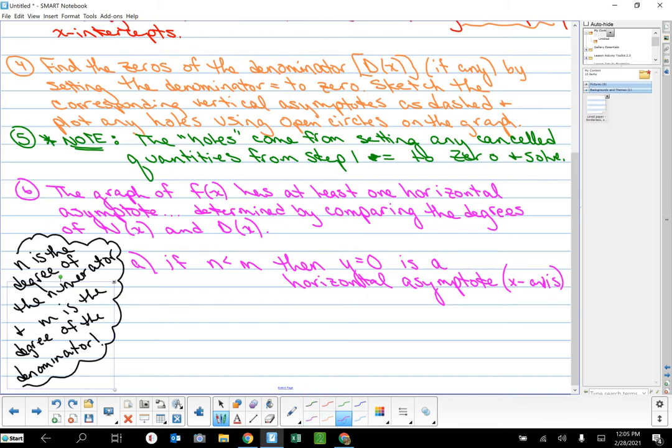And then the next one, b, if they're equal to each other, then y equals a over b is a horizontal asymptote.